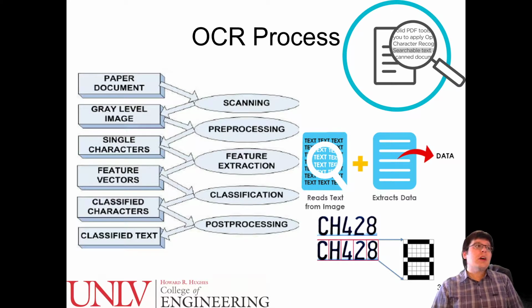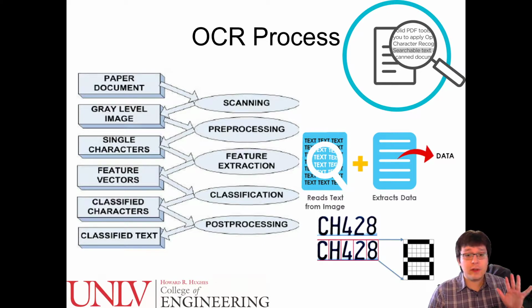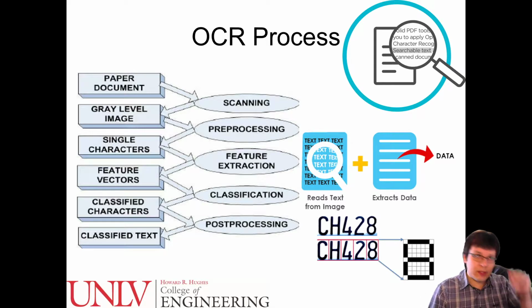OCR stands for Optical Character Recognition, and it's the idea of taking a picture of a text and scanning it, and then pre-processing that, which is converting the potentially black and white image of text into a map in a 2D coordinate of little pixels, so to speak.